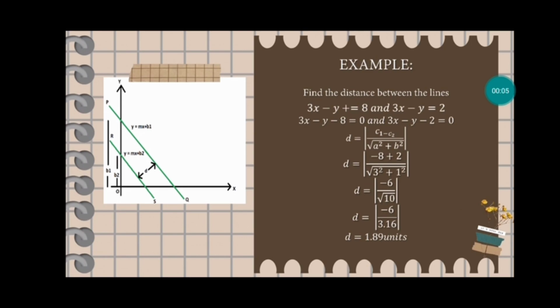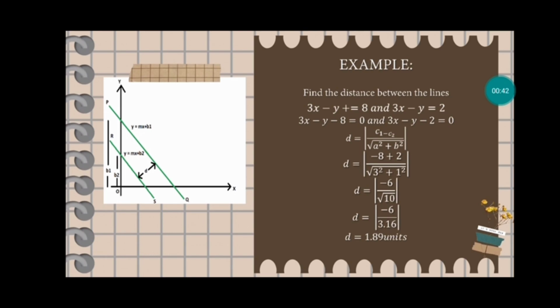So the last example, find the distance between the lines 3x minus y is equal to 8 and 3x minus y is equal to 2. Since the given is in general form, we're going to change it into standard form. So the given will be 3x minus y minus 8 is equal to 0, and 3x minus y minus 2 is equal to 0. Same formula, we're going to substitute it. So c sub 1 is equal to negative 8, and c sub 2 is equal to negative 2.